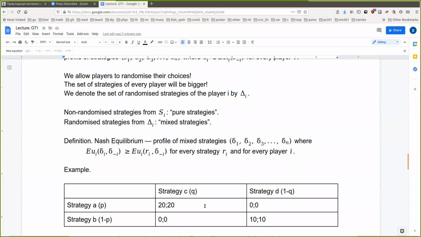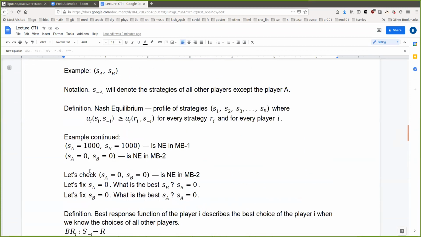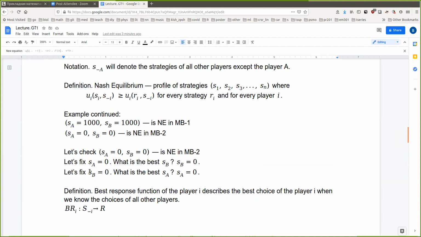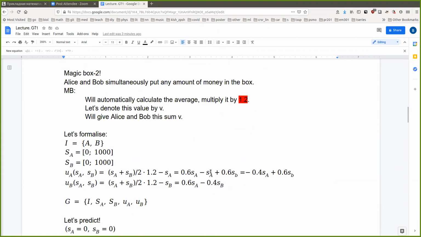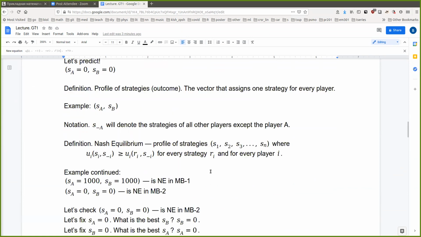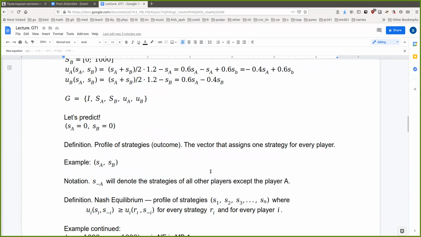Excuse me, I have one question. In the middle of our lecture, there's one strategy that follows the other players' strategies, except player one. What does that mean? S minus A denotes the strategies of all other players except player A. So if we have only two players, then S minus A is just SB.